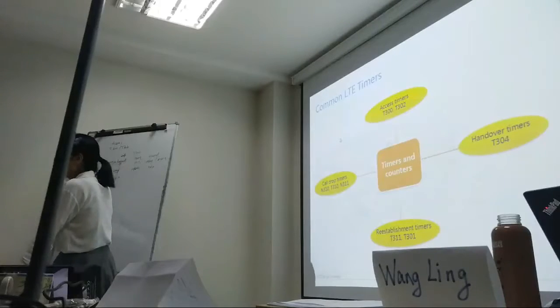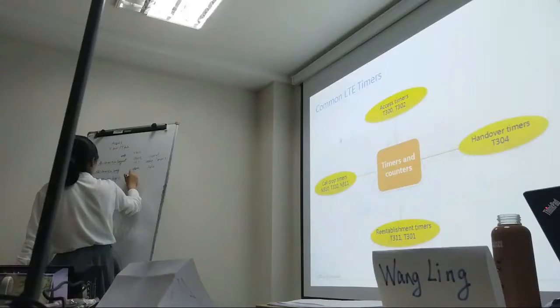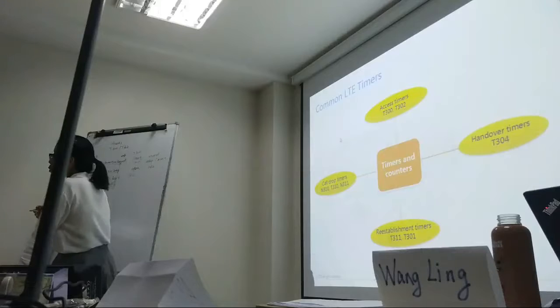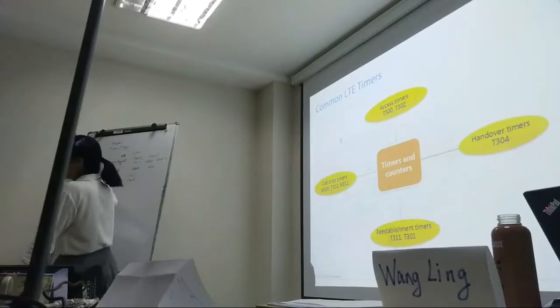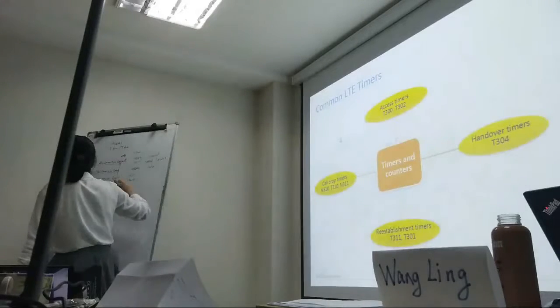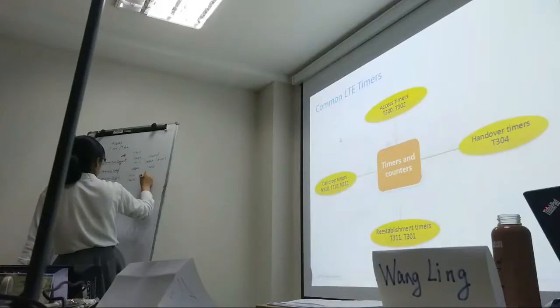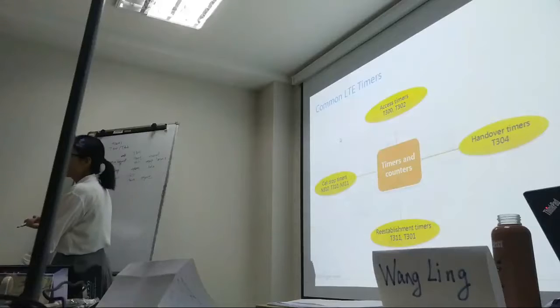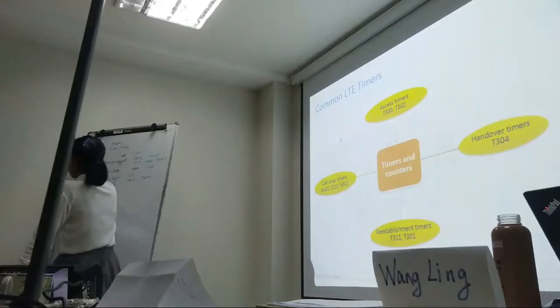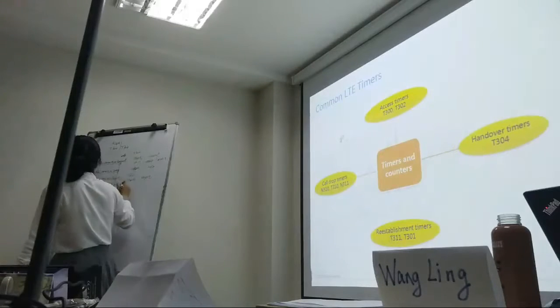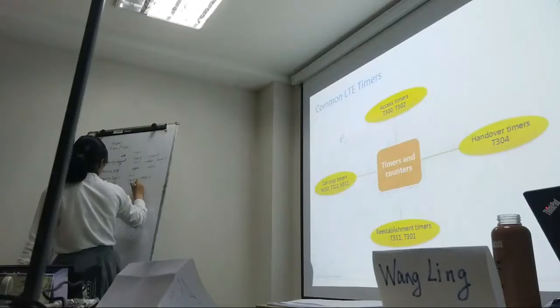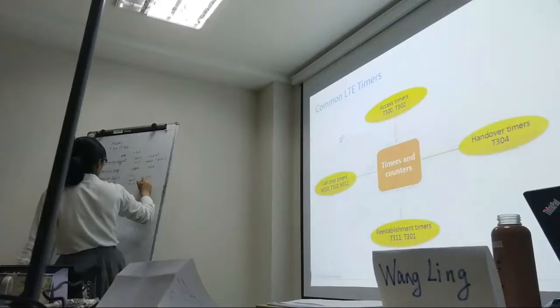So this is the timer. For T302, when will it start? When I receive a reject, it will start. It will not stop early; when it stops, that means the timer expires.